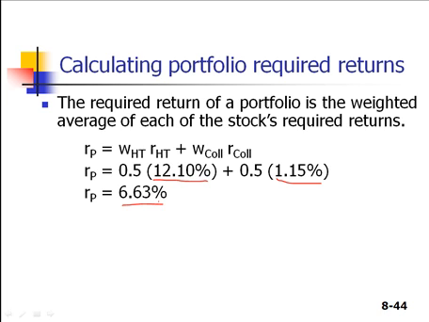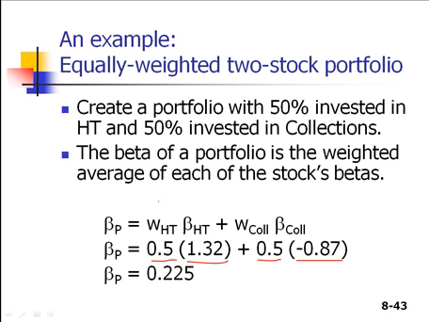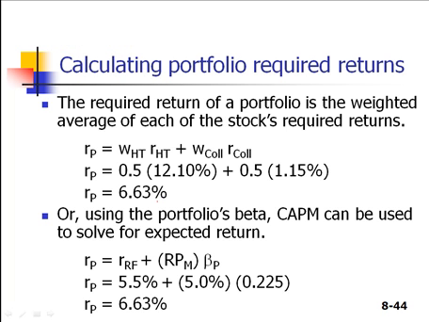But there is another way to do it, right? Let's take a look here. Remember, we did just now calculate the beta of the portfolio, right? It was 0.225. Correct? Okay, so we could just use the CAPM equation.